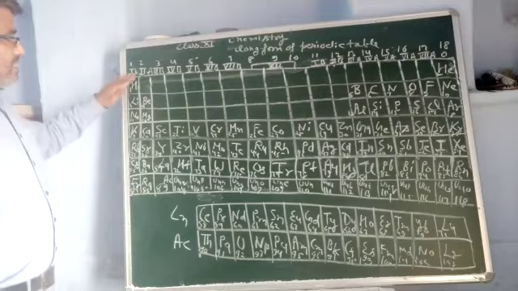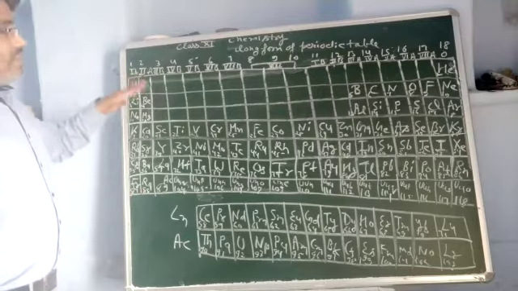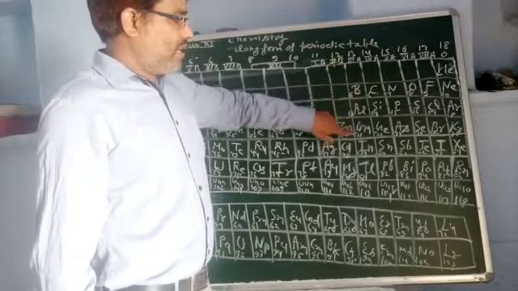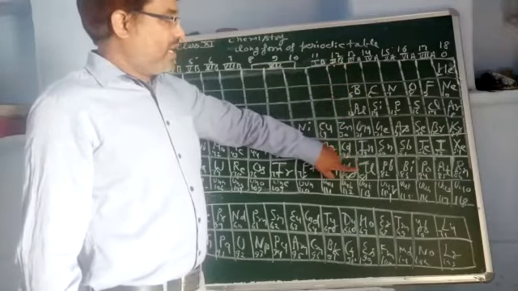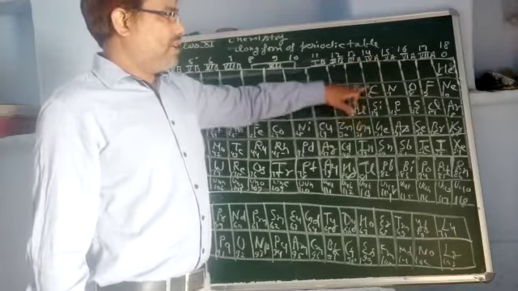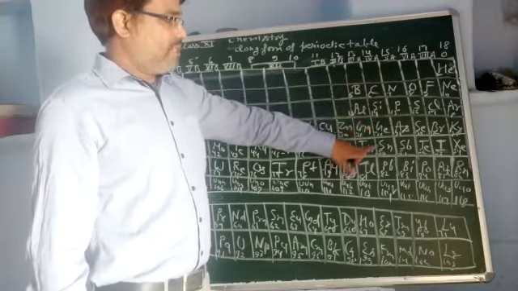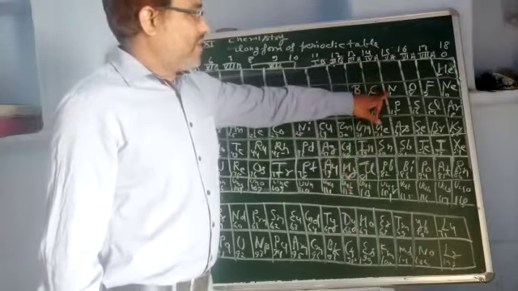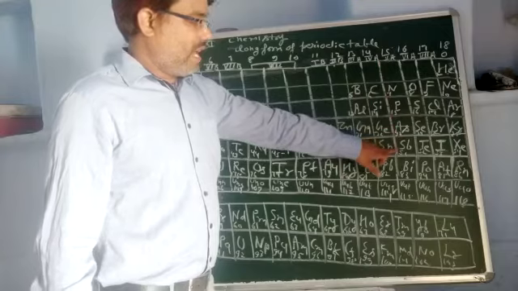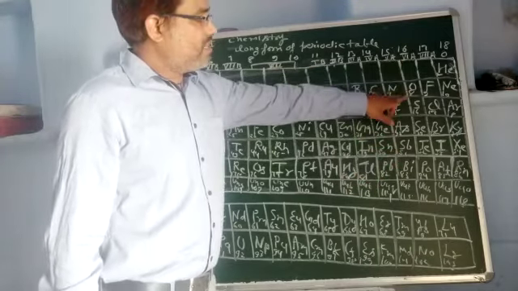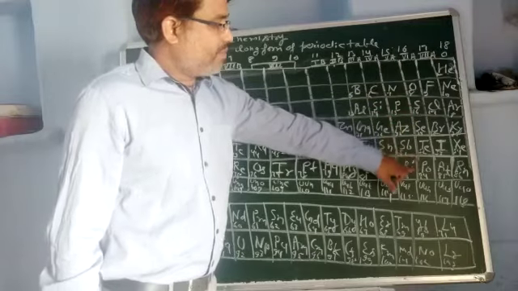These are first A and second A. Now in third A, we have boron, aluminium, gallium, indium, thallium. Then in fourth A, carbon, silicon, germanium, Sn that is tin, Pb that is lead. In the next we have nitrogen, phosphorus, arsenic, Sb antimony, Bi bismuth. In the next we have oxygen, sulfur, selenium, tellurium, polonium.